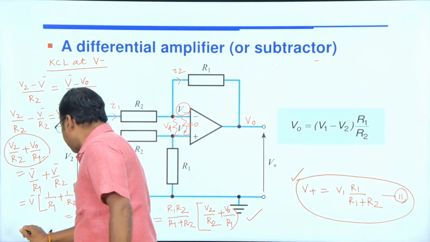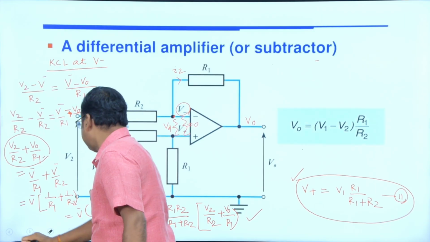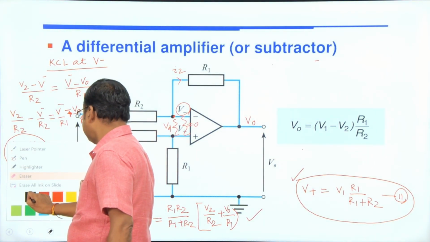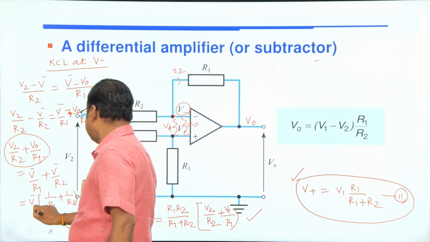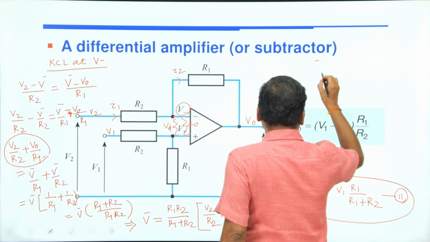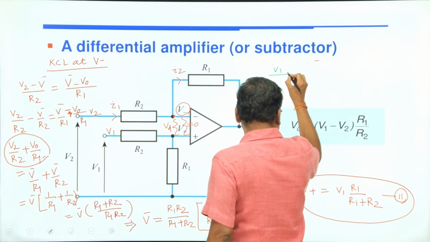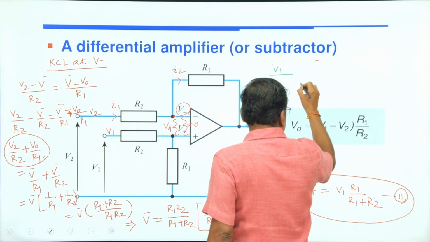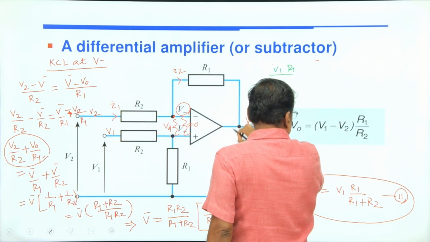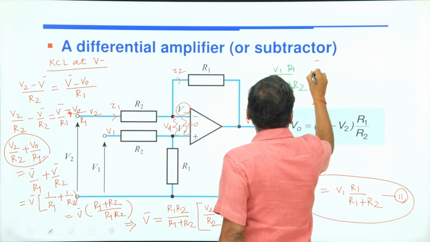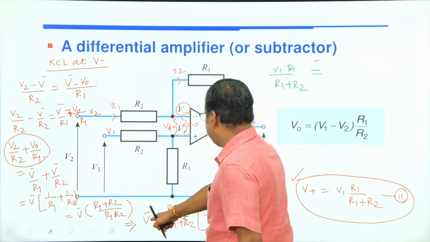So V plus equals V minus, and V plus equals V1 into R1 by R1 plus R2. This is your V plus, which equals V minus.